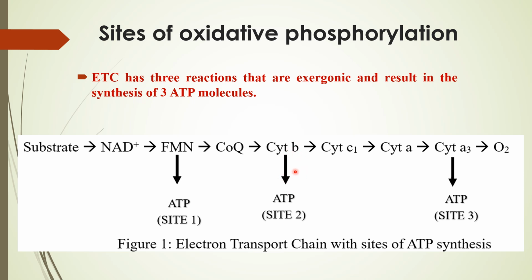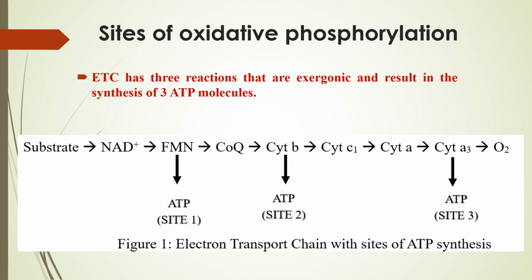Oxidation of cytochrome b and c1 results in proton pumping, which in turn contributes to the synthesis of ATP. The third is the cytochrome oxidase reaction. Here also proton pumping takes place, and as a result ATP synthesis takes place. So these are the 3 exergonic reactions that result in the synthesis of ATP molecules.